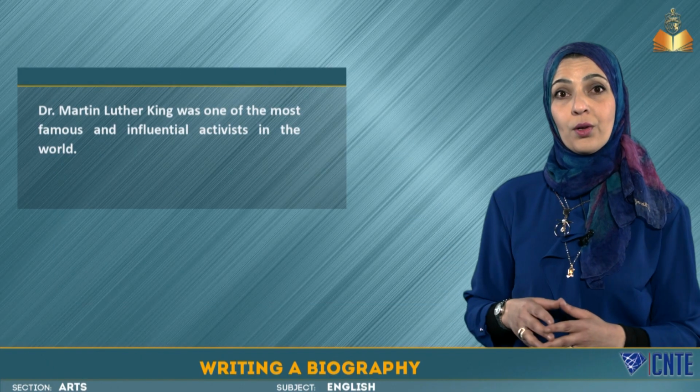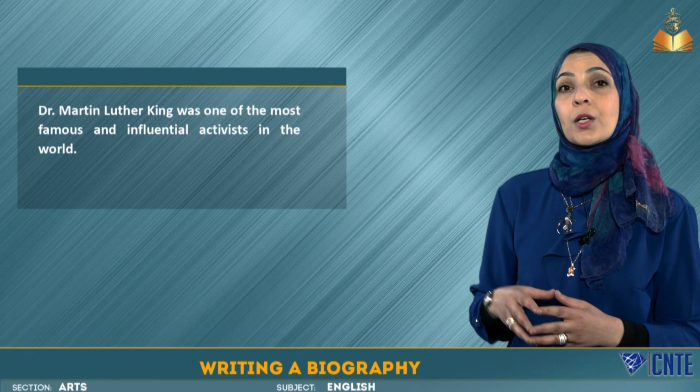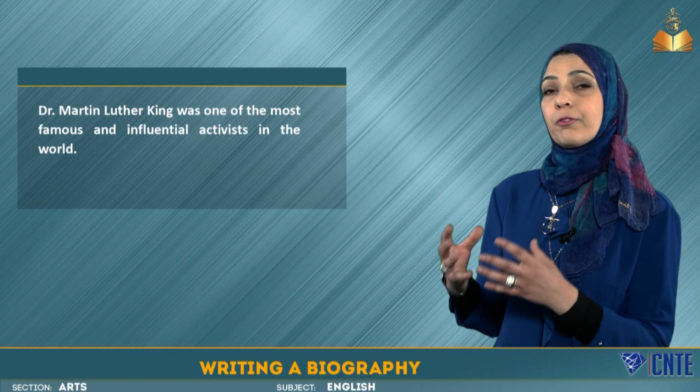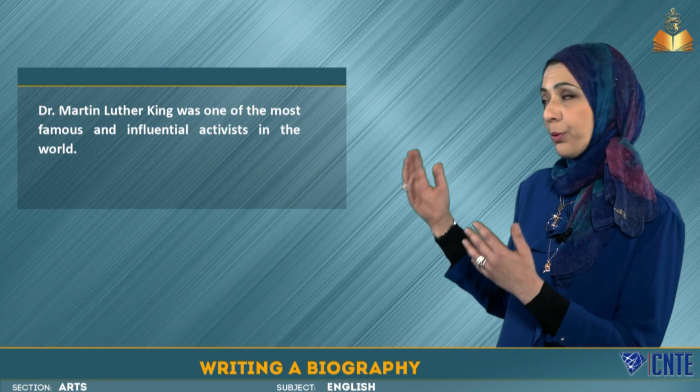In this task, we can write, Dr. Martin Luther King was one of the most famous and influential activists in the world. After that, you move to the date and place of birth, which come in general at the beginning of the hints.